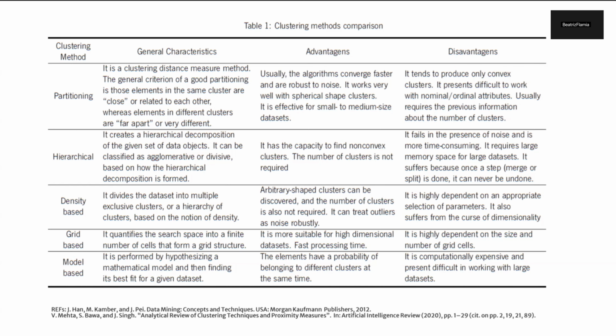And the model-based approach is based on a model, like a Gaussian mixture, which is based on the Gaussian distribution, the Gaussian probability. It's completely different, and it depends on the function that is being used inside the algorithm.